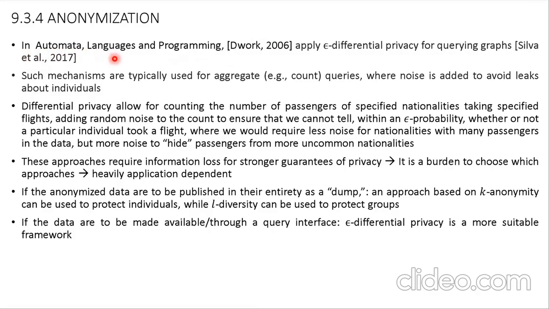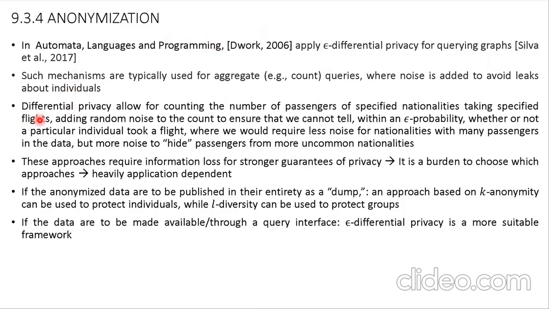For example, in Automata, Languages and Programming, Dwork proposed epsilon-differential privacy for querying graphs. This ensures that the probability of a given result from a process, which is a query applied to data to which random noise is added, differs by no more than the exponential of epsilon when the data include or exclude any individual.